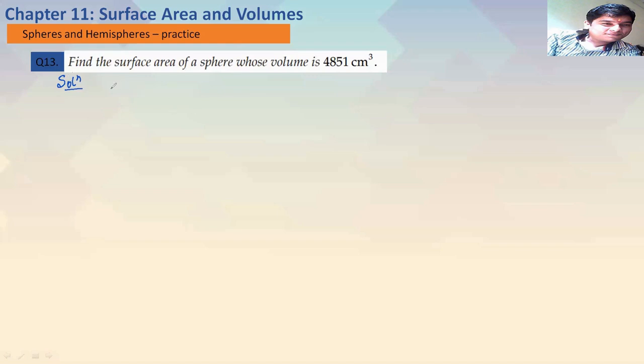So let us just go to the point. Volume is given to be 4851 centimeter cube. Now we are pretty much aware that 4/3 pi r cubed is how we find the volume.